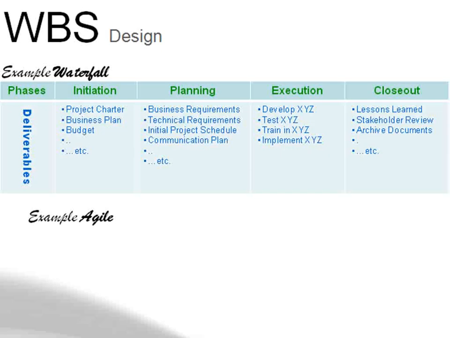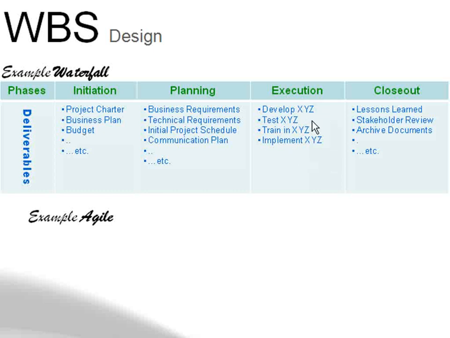An example of a waterfall design and an example of an agile design: in waterfall you would have your phases as initiation, planning, execution, control, and the deliverables might be project charter, business plan, budget, etc. Under the planning phase, some deliverables might be business requirements, technical requirements, initial project schedule, communications plan, etc. Under the execution phase, some of the deliverables might be develop XYZ, or develop whatever it is.